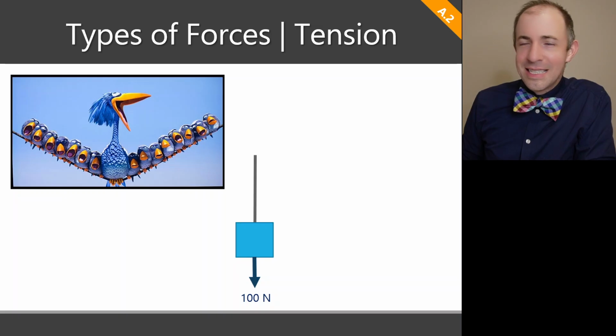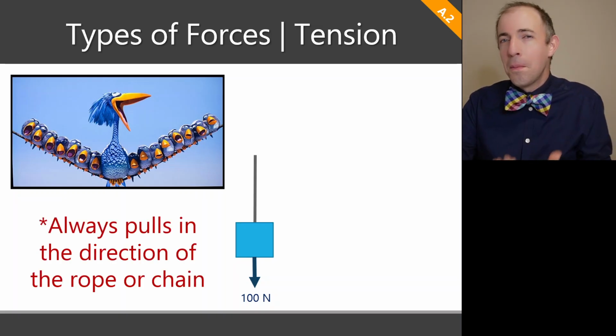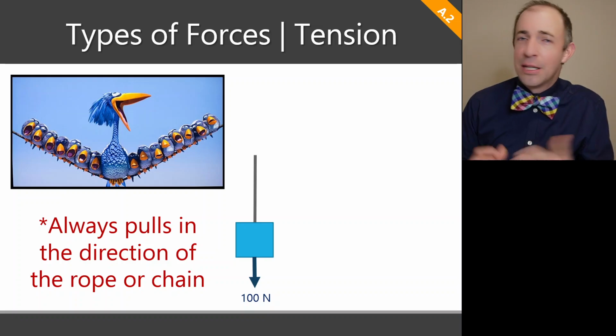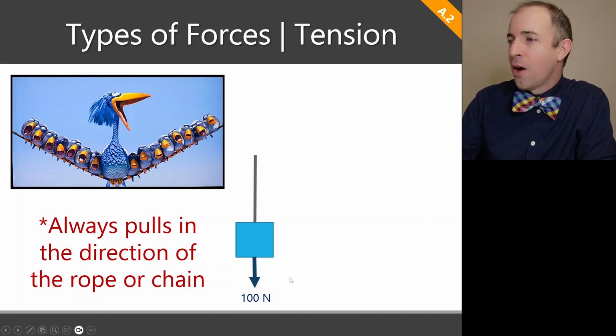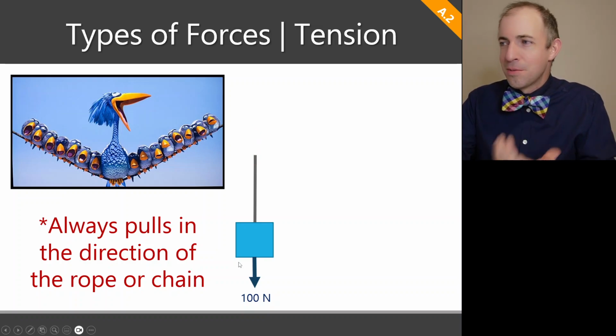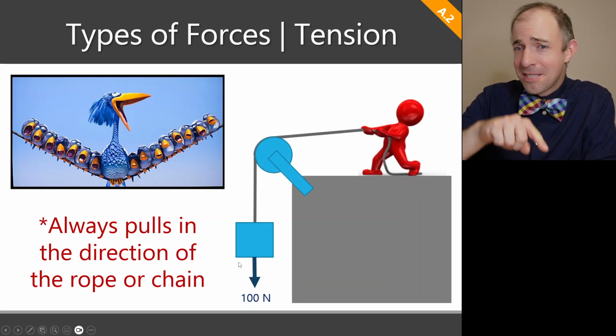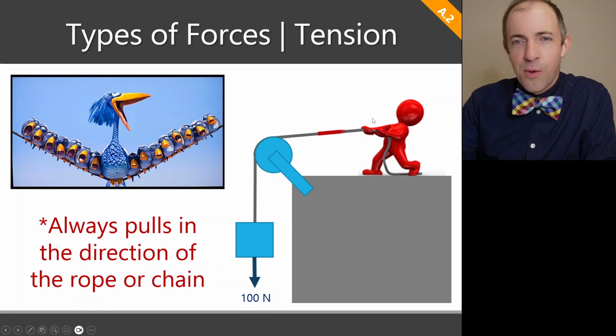Another type of force you need to know is the force of tension. Tension is basically the force of a rope or a chain. Tension always pulls, and it always pulls in the direction that that rope is going. So here, if I have 100 newtons being pulled down, there is 100 newtons probably pulling up. If I have a pulley system that changes the direction of that rope, it is always pointing in the direction that the rope is in that moment.